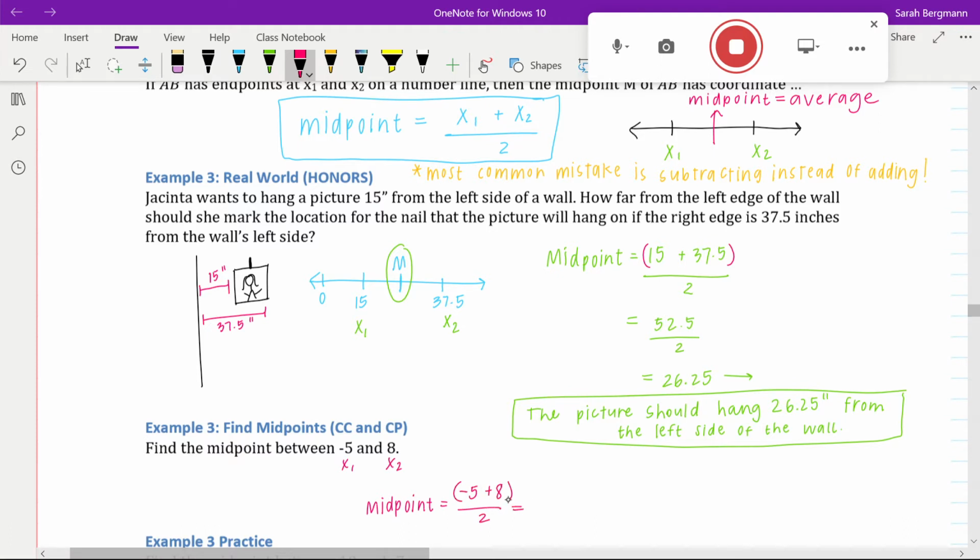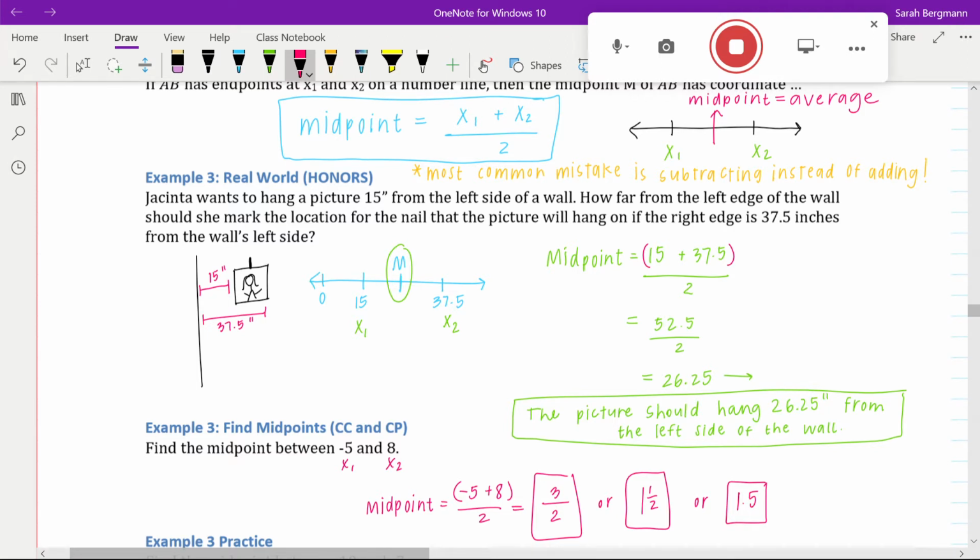Again, remember there's an imaginary parentheses around this numerator, so we have to complete that addition first. -5 plus 8 is 3 over 2. You can also think of this as 8 minus 5. 3 over 2 can be your answer, or you can rewrite it as a mixed number, such as 1 1/2, or you can rewrite it as a decimal, such as 1.5. Any of those 3 options is the correct answer.